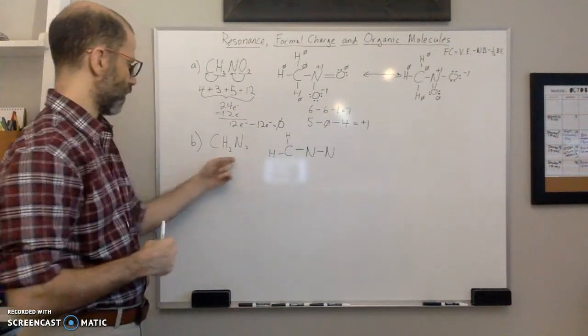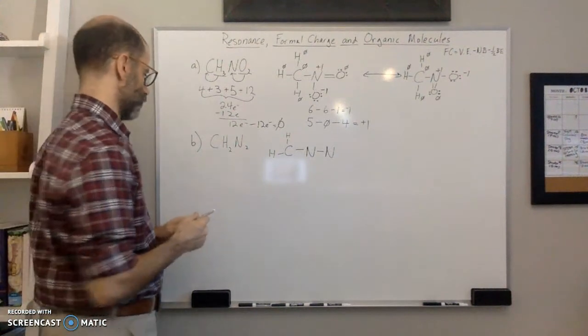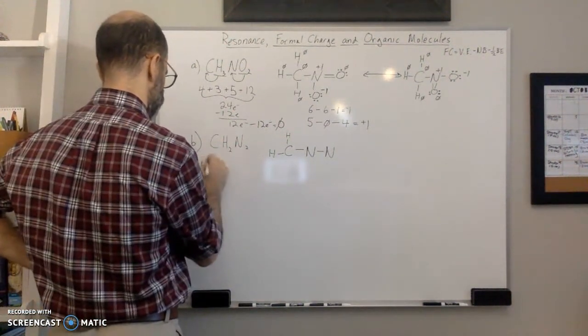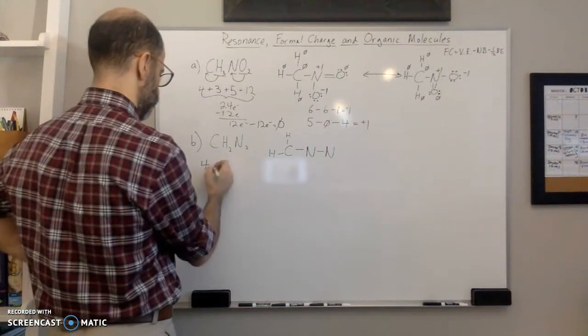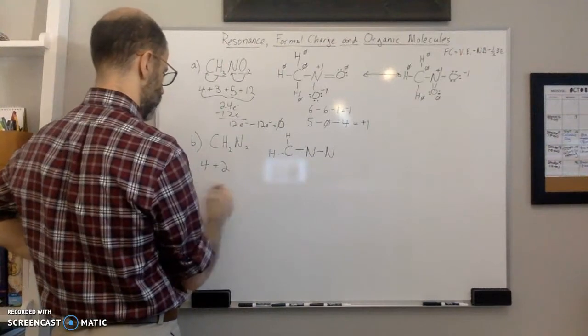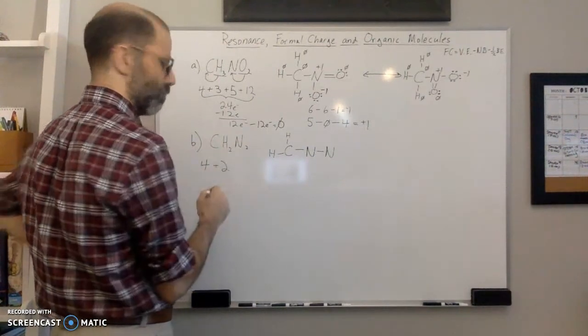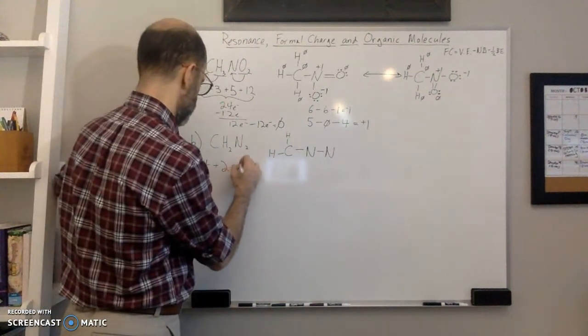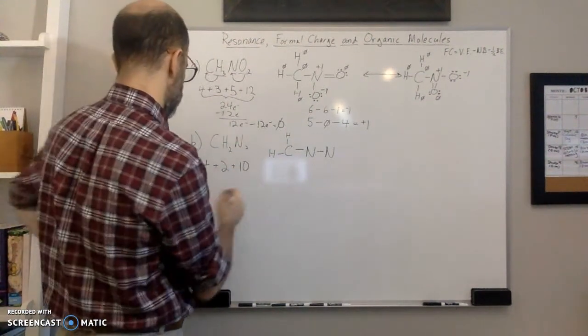And again, we need to find the total valence electrons here. So here we have carbon with 4 valence electrons because it's in group 4. 2 hydrogens, so we're going to add 2 for those. And then nitrogen is in group 5, so we have 2 of them, so that's going to be +10 for the nitrogens.